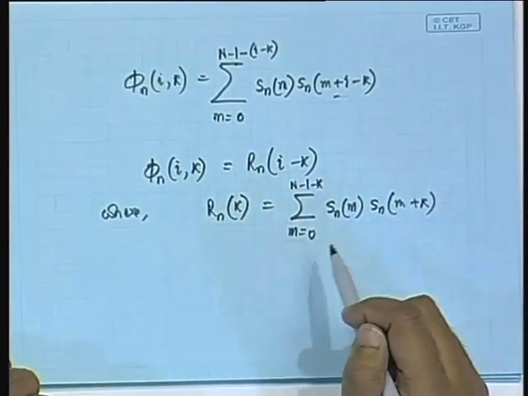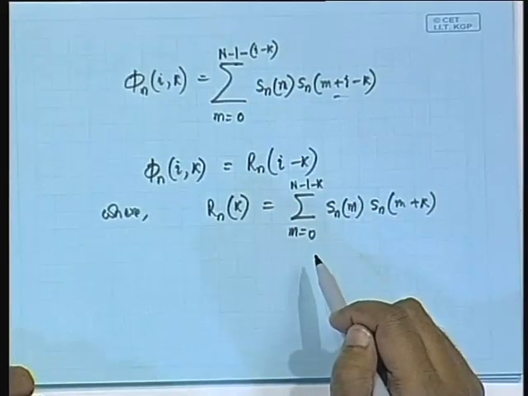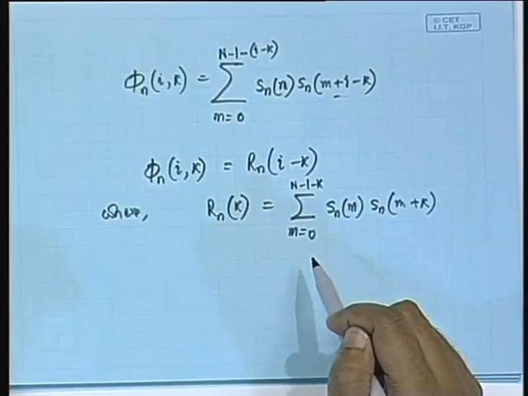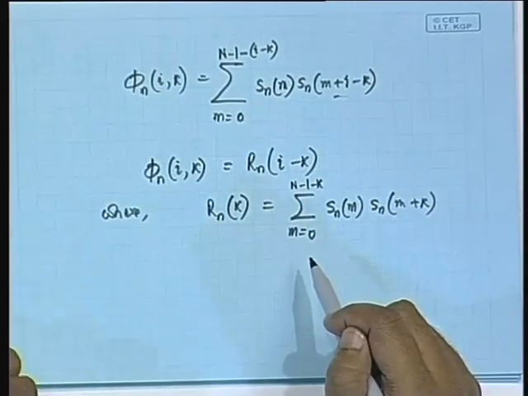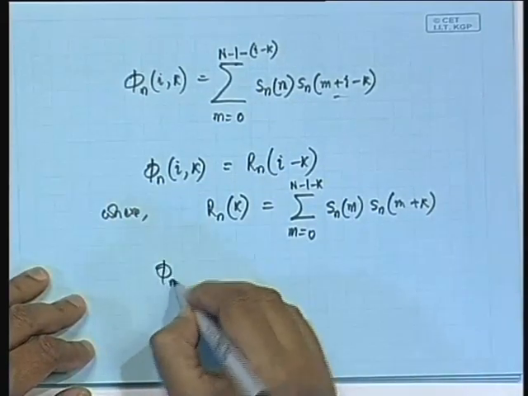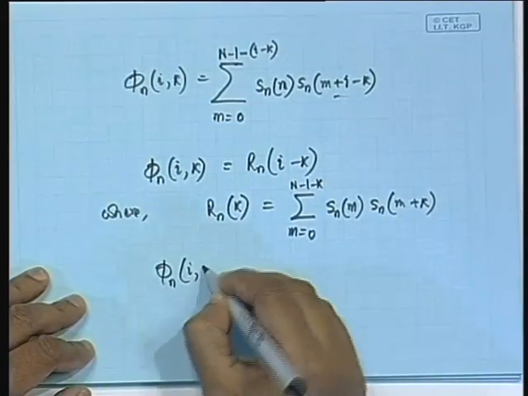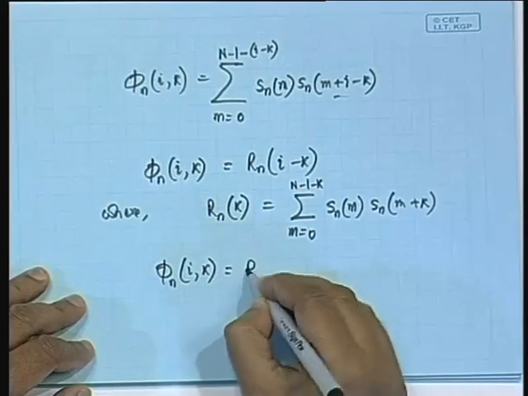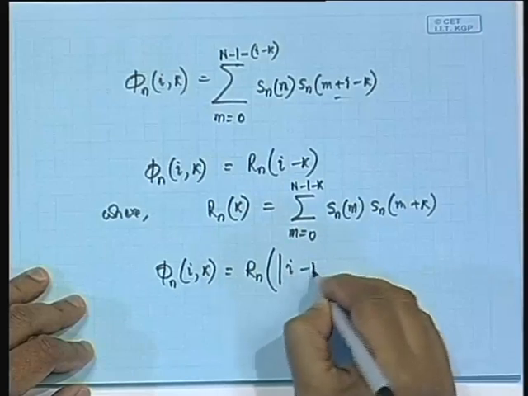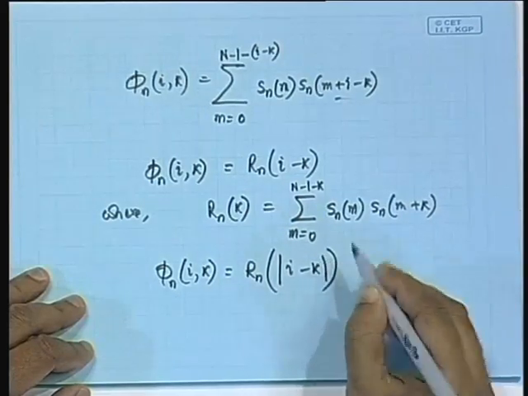Now again note one point: this Rn(k), you already know, is going to be an even function, the autocorrelation function. So we can write phi n(i,k) in this form, Rn of mod i minus k, okay.